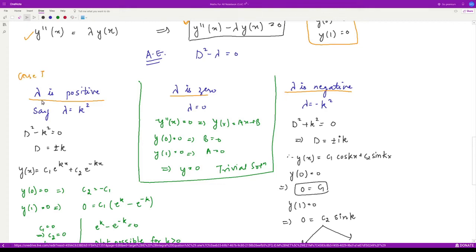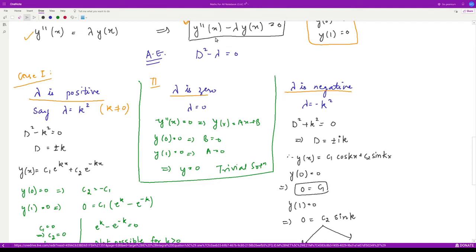The first case is when lambda is positive. We take it to be k square, where k is not equal to 0, because if k is equal to 0, then we reach the second case. So k square would always be positive.